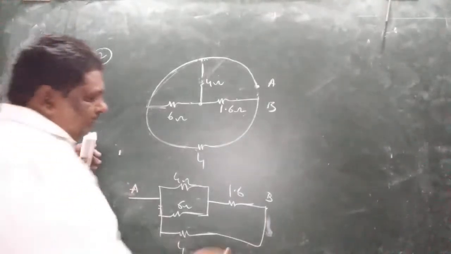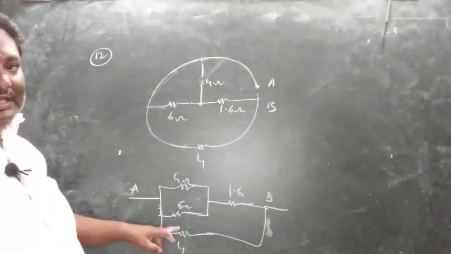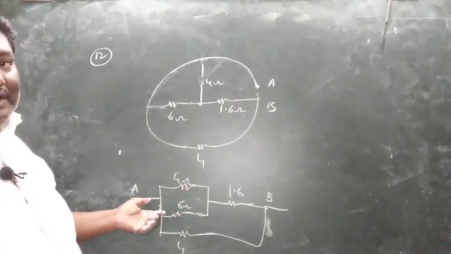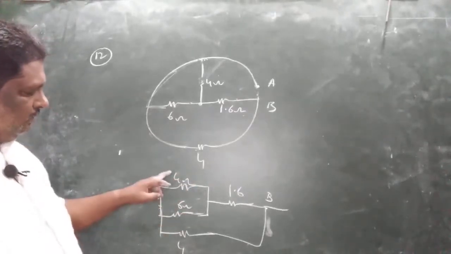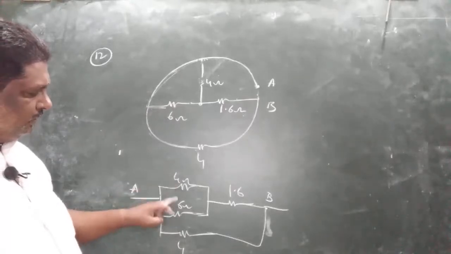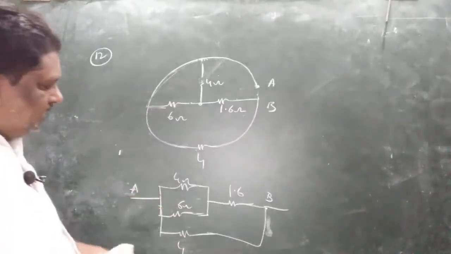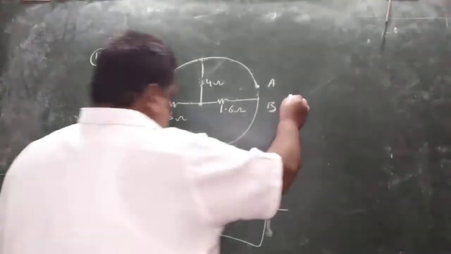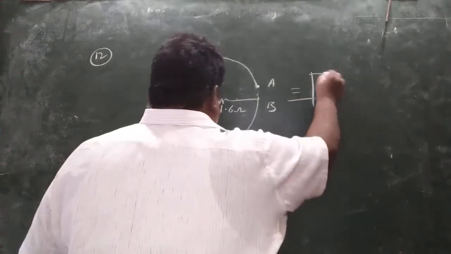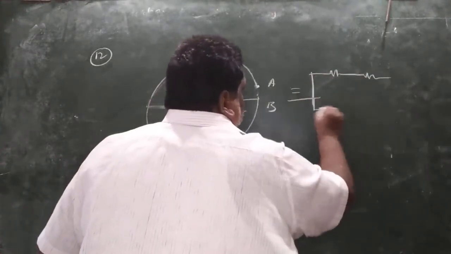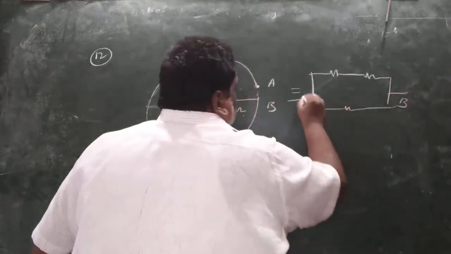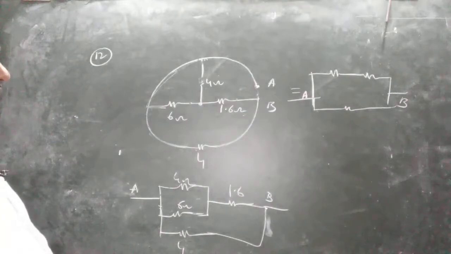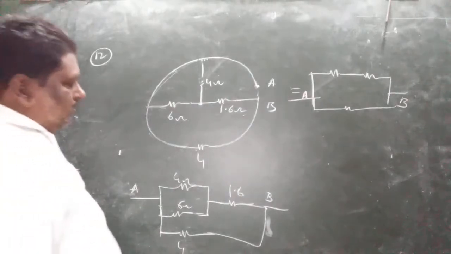You reduce it to B. So 4 and 6 appear as current passing divided. Current divided means parallel. All these are parallel. First we shall solve this one. 4 into 6 by 4 plus 6, that is 24 by 10, 2.4.